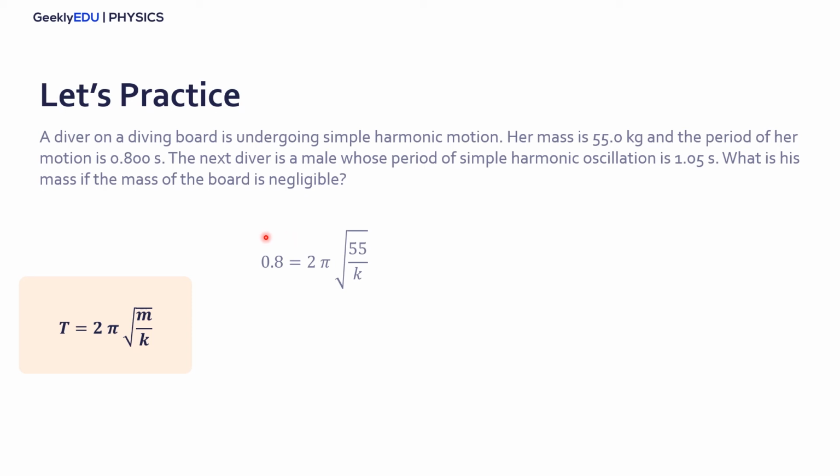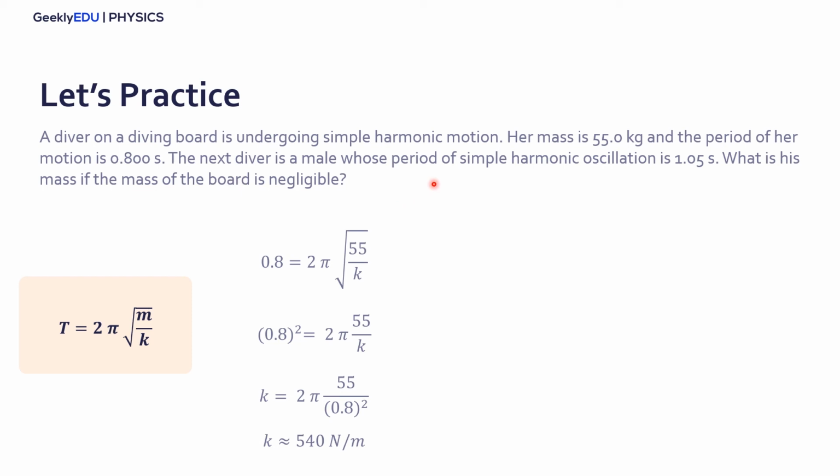I said spring because the diving board is acting like a spring. So applying the period and the mass, we can find the elastic constant, which is around 540 newtons per meter. Now that we have the elastic constant for the diving board.